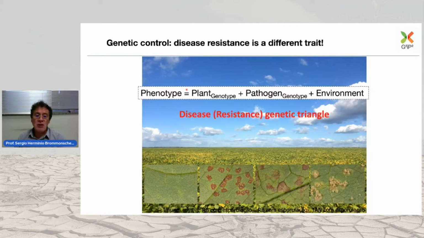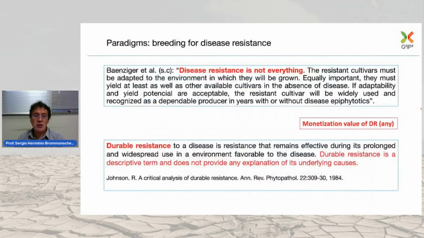So I'm going to talk a little bit about the plant, and then I'll finish with some of the work that we are doing, trying to understand the contribution of the pathogen to the disease. Another very important point for disease resistance is that disease resistance is not everything, okay? The farmer is not going to grow a resistant variety just because this variety is resistant.